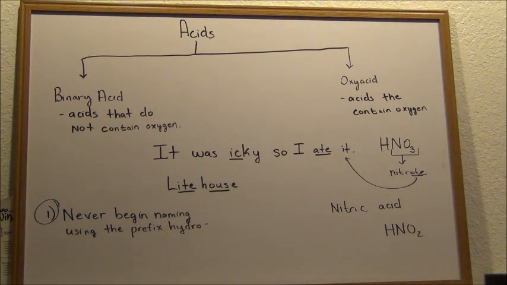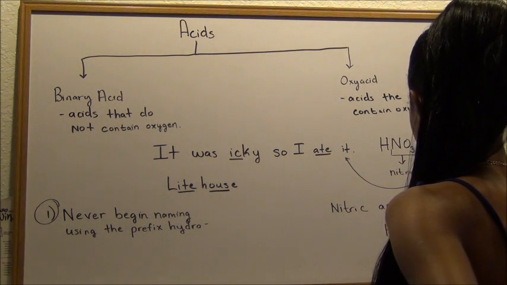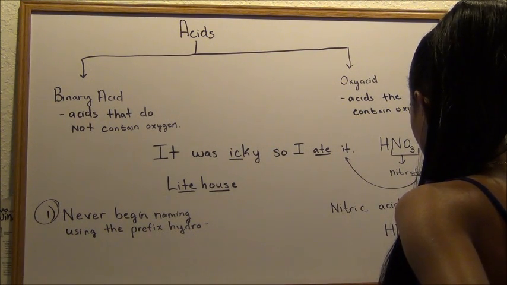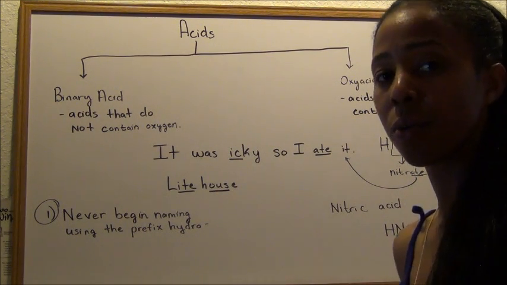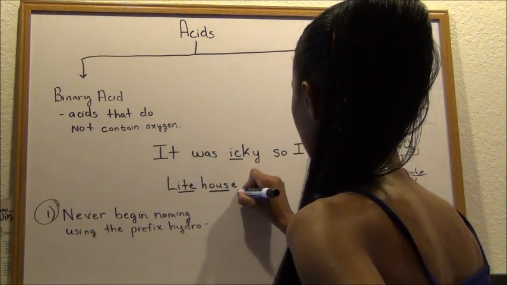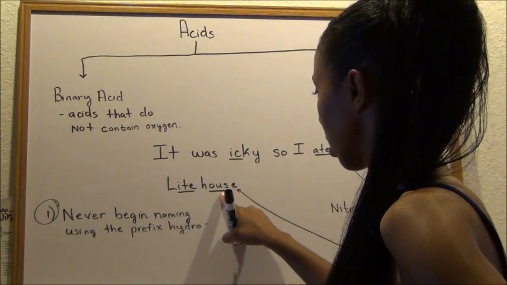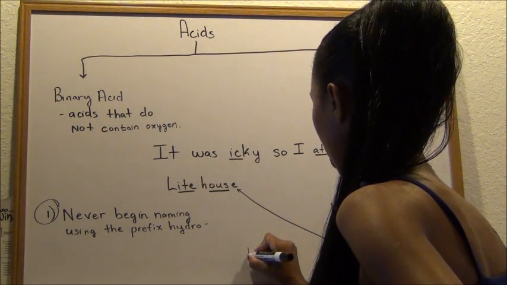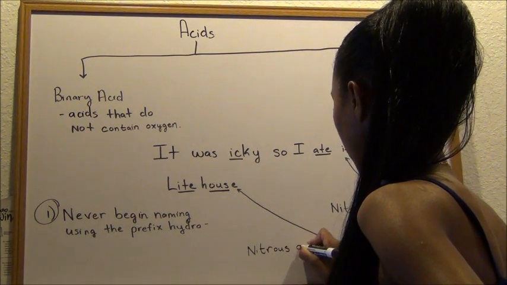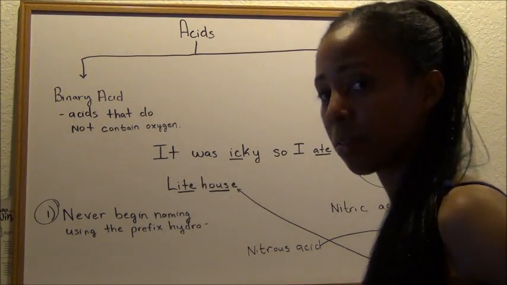This right here is called nitrite. This is an ite. So we turn the ite into an ous. So this would become nitrous acid. This is nitrous acid.